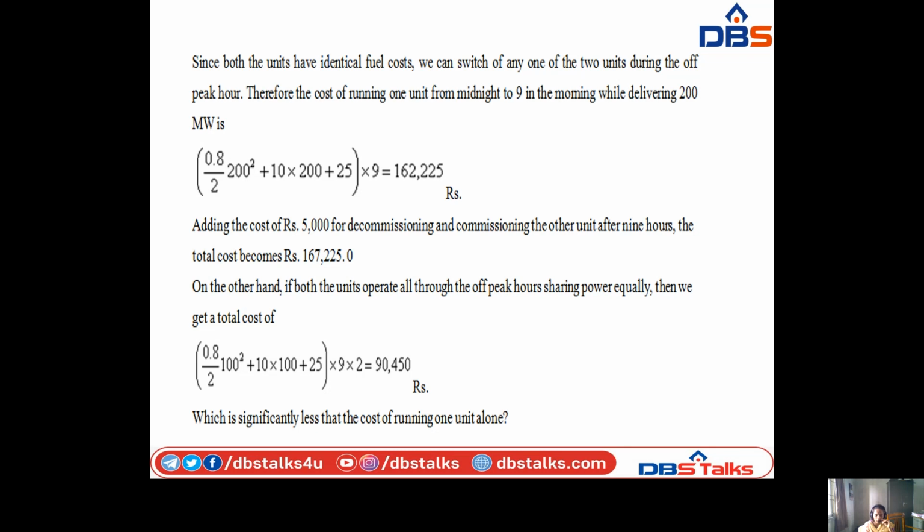Then the additional cost of 5,000 for decommissioning and commissioning of the unit is added. Then the total generation cost will be 1,67,225 rupees. On the other hand, if both units operate during off-peak hours, sharing the power equally, then we get a total cost of 0.8 by 2 into 500 square plus 10 into 100 plus 25 into 9 into 2.